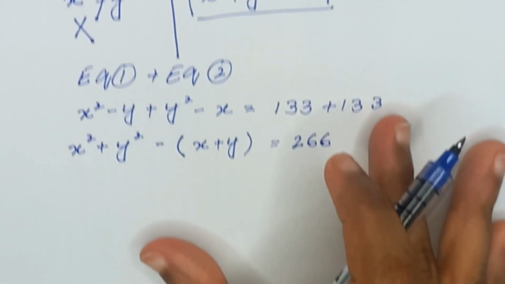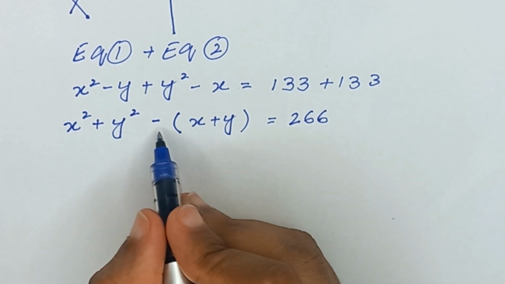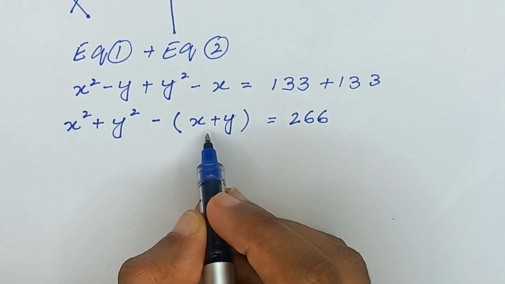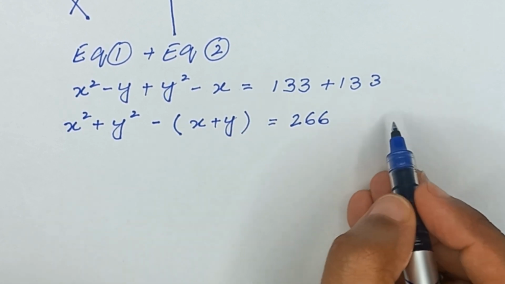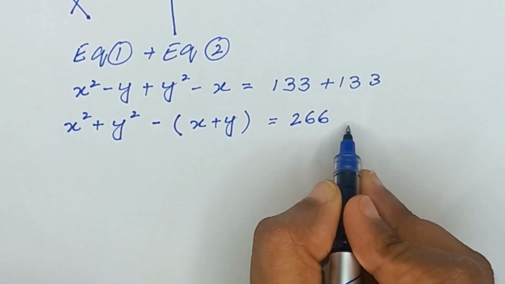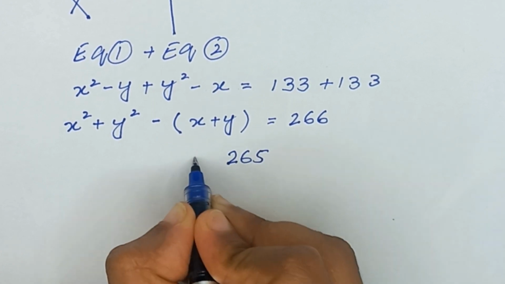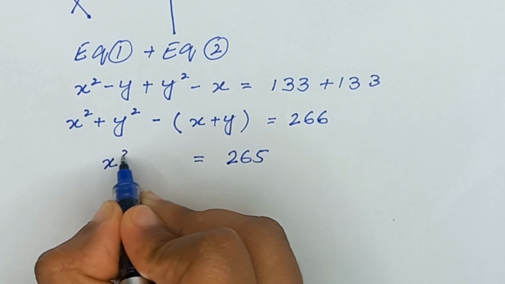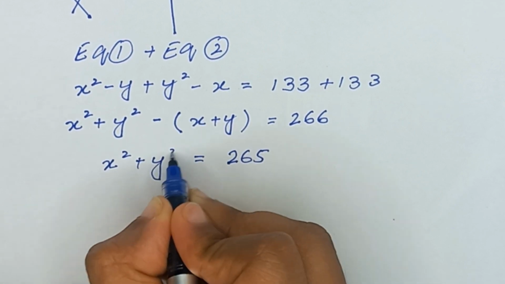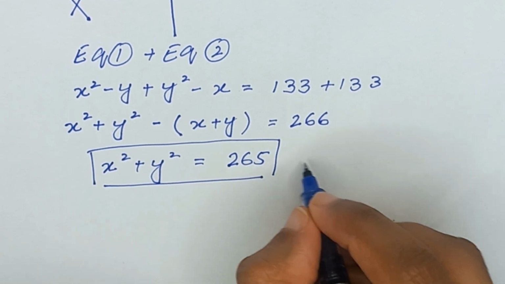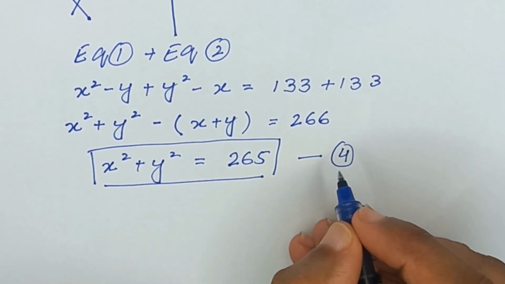So I will substitute the value of minus 1. So it will be plus 1 because minus into minus will become plus. When I take this plus 1 to the right hand side, it will become 266 minus 1, which will be equal to 265. So x square plus y square is equal to 265, and I will name it equation number 4.